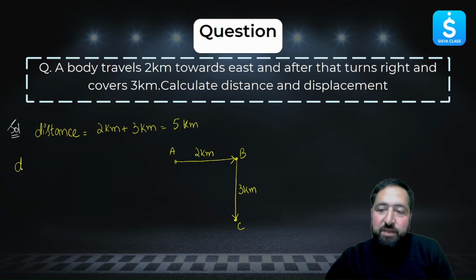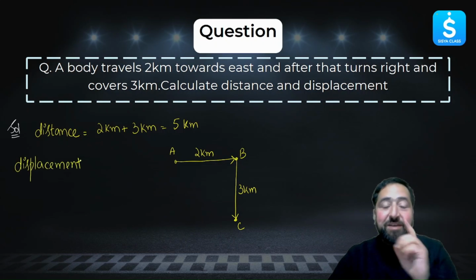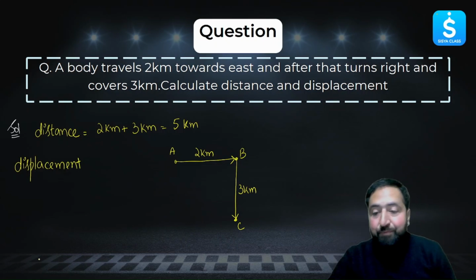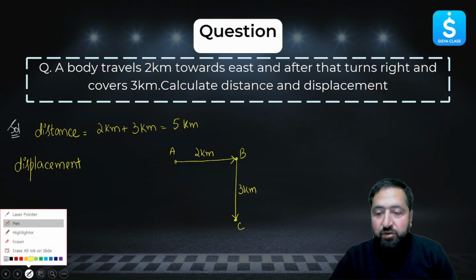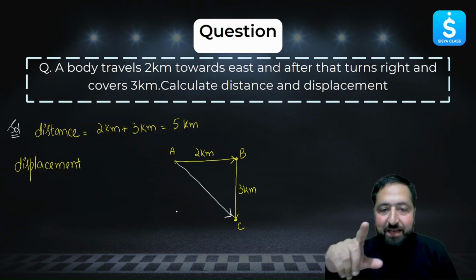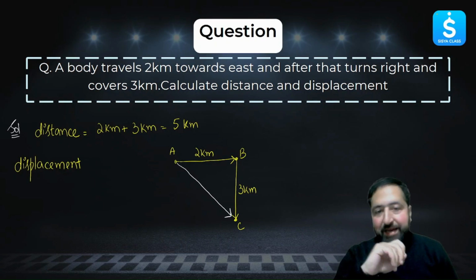Now let us see the displacement. Displacement is the straight line, the shortest path between the initial and the final position, isn't it? So this is what you will do. You will draw a straight line between these 2 points, and you would see that it is forming a right angle triangle.